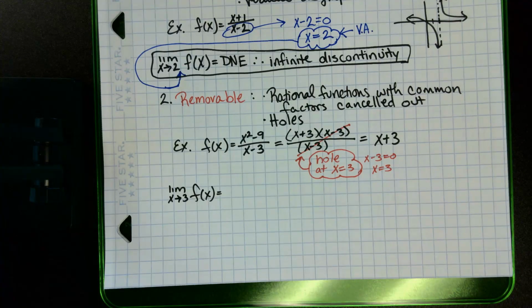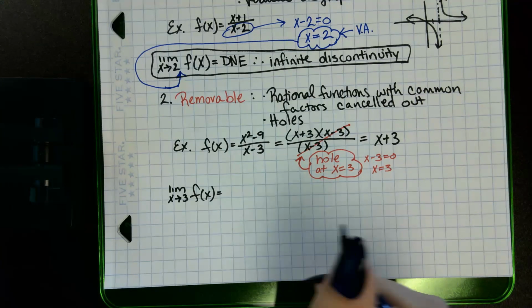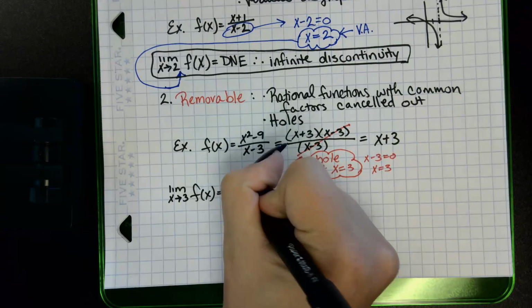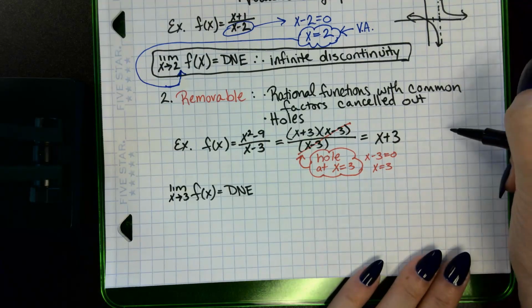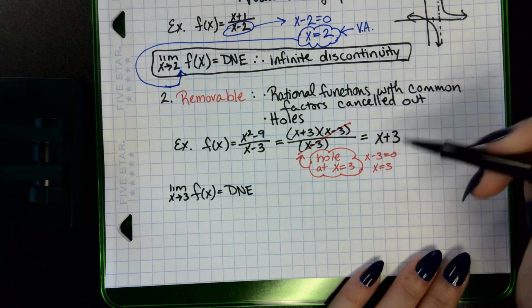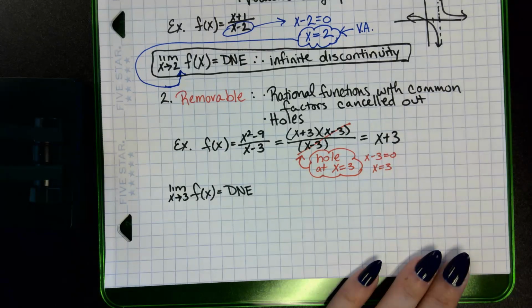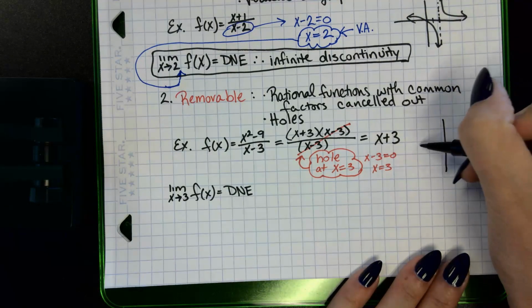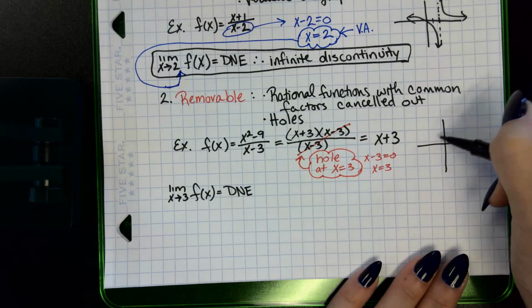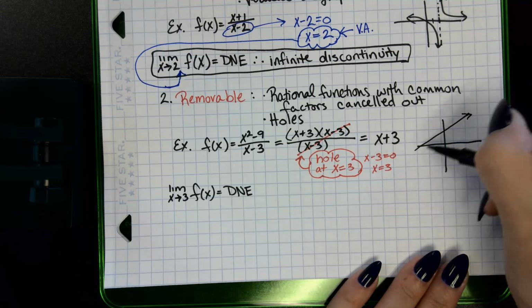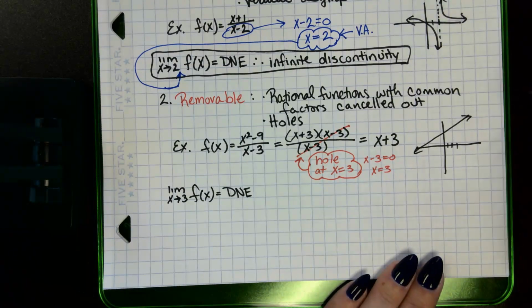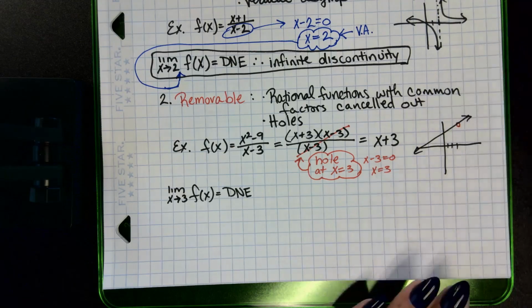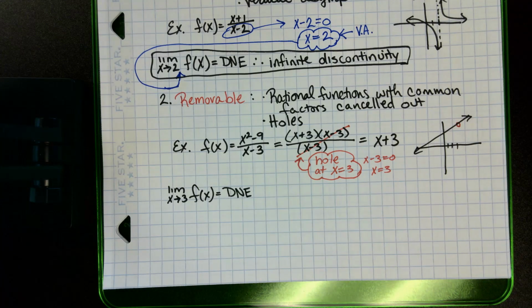so is there a y value at 3? Well, no, there's not. It does not exist because I just removed it from the function. If I were to graph that, since we canceled the factors, our function is just x plus 3 now, which would be this line, graph of a line. However, when x is 3, we would have to go up here and put a hole in the graph at x is 3.